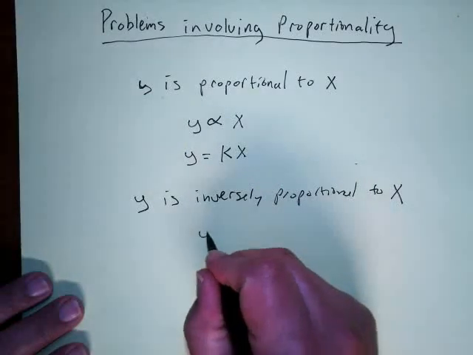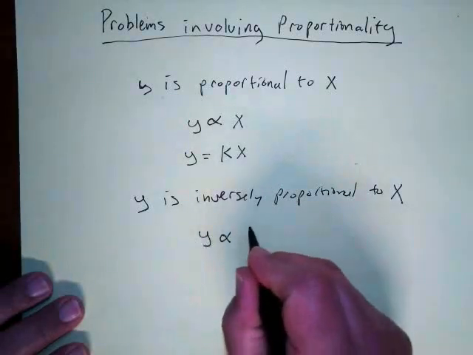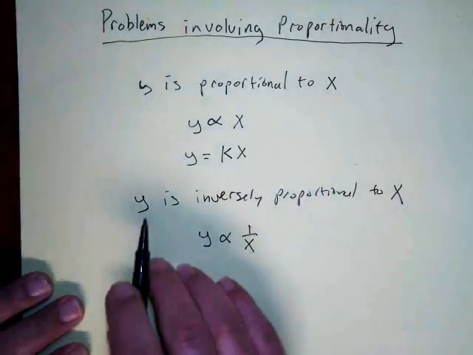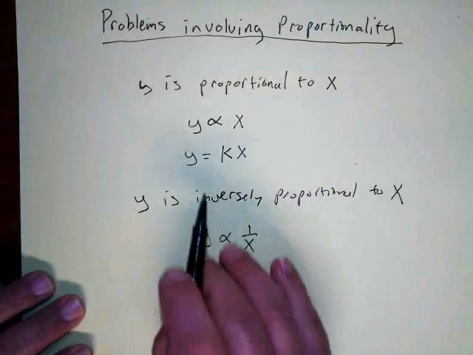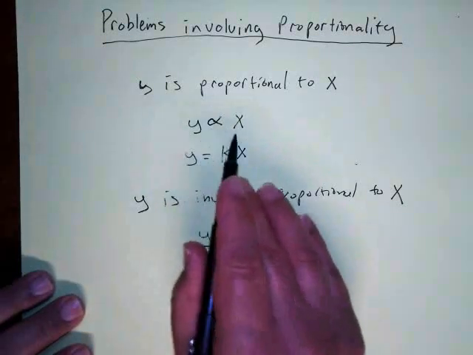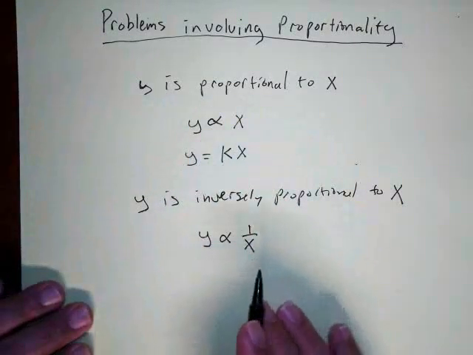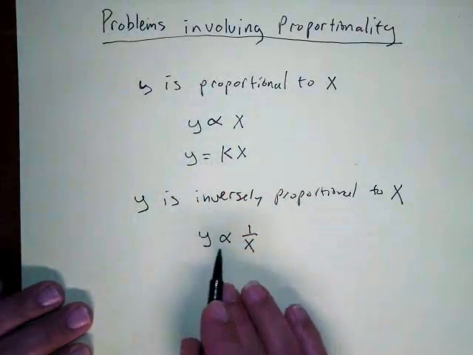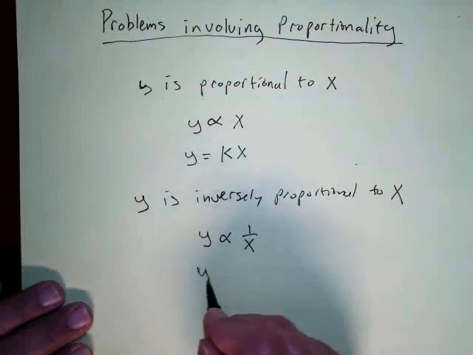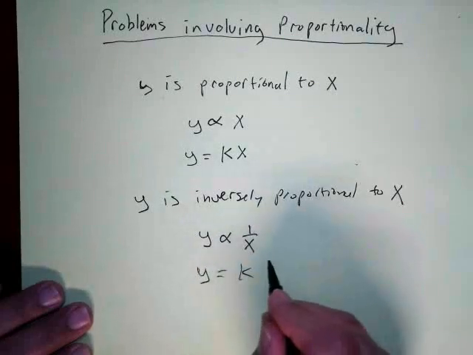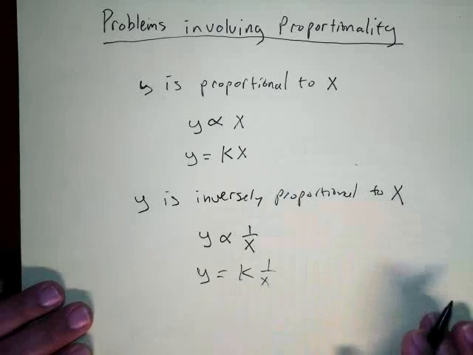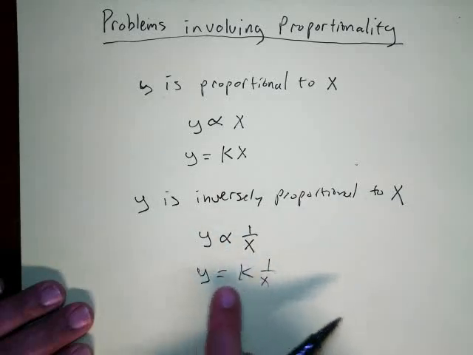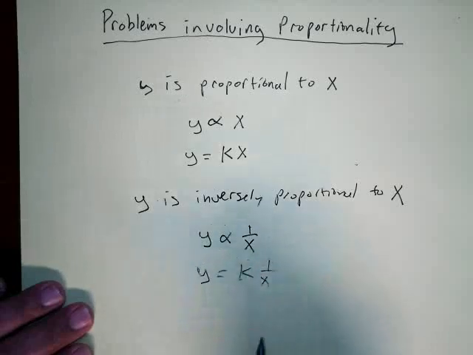What this means is that Y is proportional to the inverse of X, or 1 over X. So Y is not proportional to X, Y is proportional to 1 over X. And using this same idea, Y is not exactly equal to 1 over X, Y is equal to some constant times 1 over X. The idea of proportionality is they're almost equal, you just need to have a constant there.